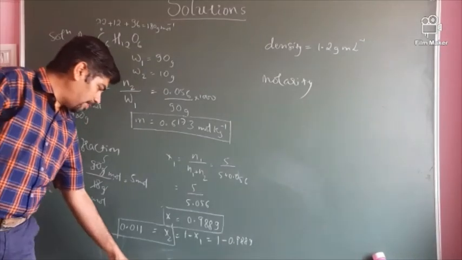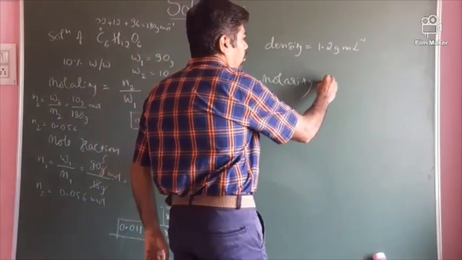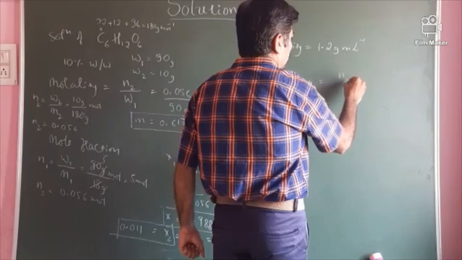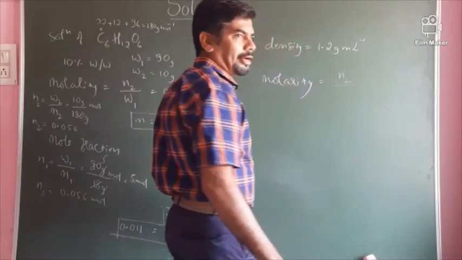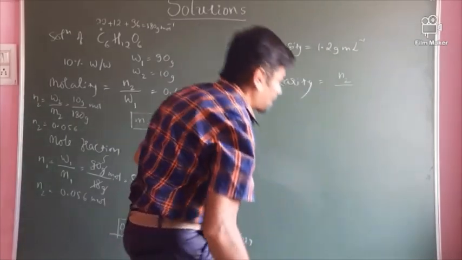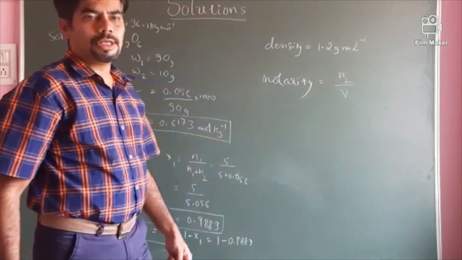Now let's go to the last part of it. We have to calculate molarity, and you know the formula of molarity. Molarity is the number of moles of solute divided by volume of solution in liters.